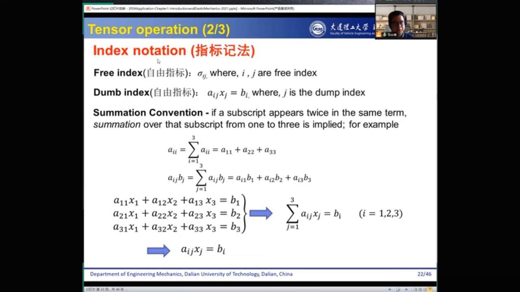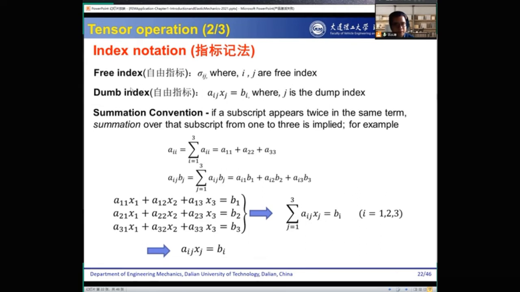And the index notation is also a very important part. So we have the free index. For example, sigma, the stress, sigma ij. Here we have two indices, so it's a second-order tensor, and both i and j are free indices.